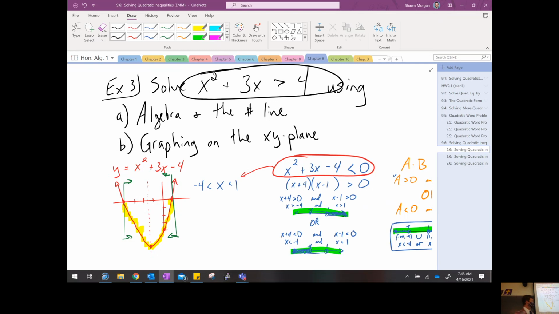Because the algebra will get a whole lot, heck of a lot harder if we don't have something simple that factors, right? So like what if I gave you a quadratic inequality and you weren't able to factor it and you weren't therefore able to easily partition your number line up, you would be stuck, so to speak.